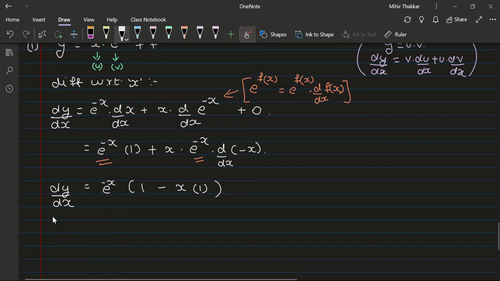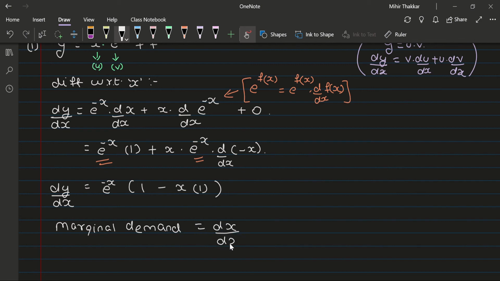Now when I want to find out the marginal demand, we have to find the value of dx by dy, which is 1 upon dy by dx, which is equal to 1 upon e raised to minus x multiplied by 1 minus x.